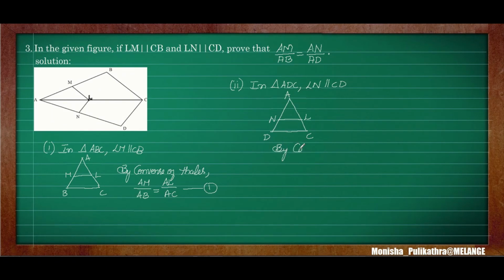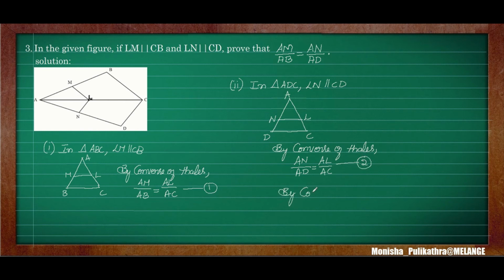So by converse of Thales, AN by AD is equal to AL by AC, half to full of the side of a triangle. So let this be equation number 2.